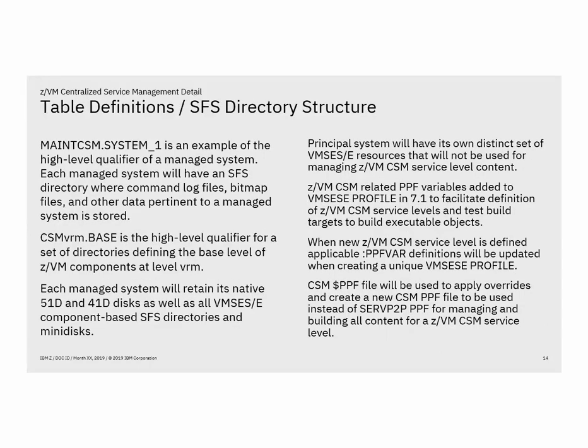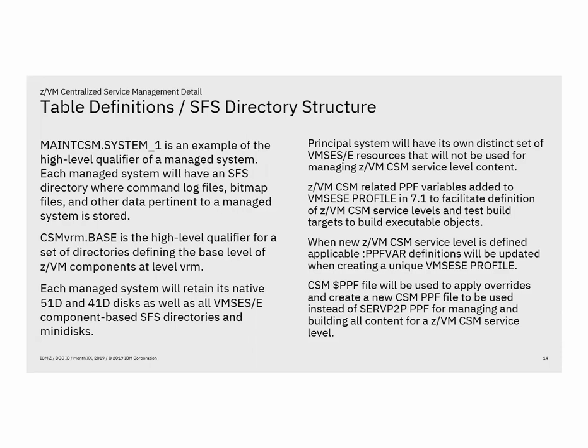Now, here's an example of how a managed system would be represented within the shared file system. So again, MAINT CSM is the file space ID for the directory structure for managed systems. And then each managed system has a high-level qualifier under MAINT CSM.